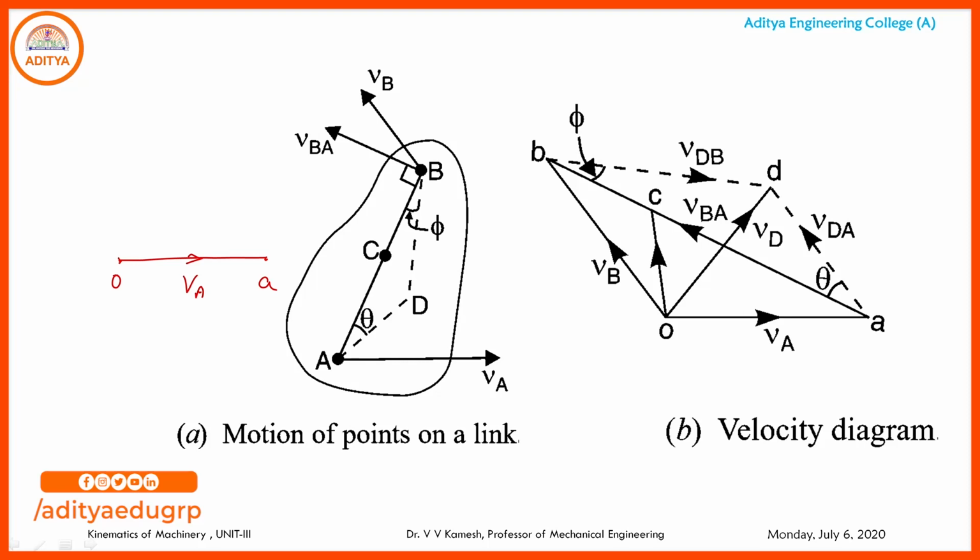After that, initially we don't mind anything about VB. First we need to know the relative velocity of another point with reference to the starting point. That means first we need to identify where VBA is.